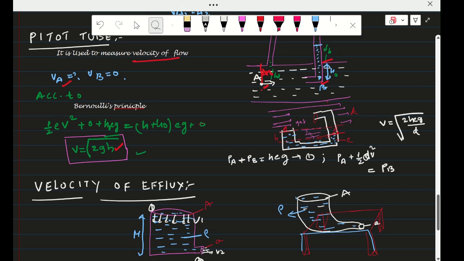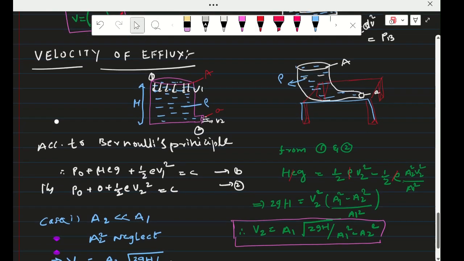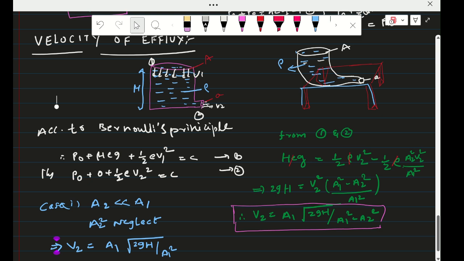So now velocity of efflux. Efflux is a small opening at the extreme bottom of an open tank. What is efflux?